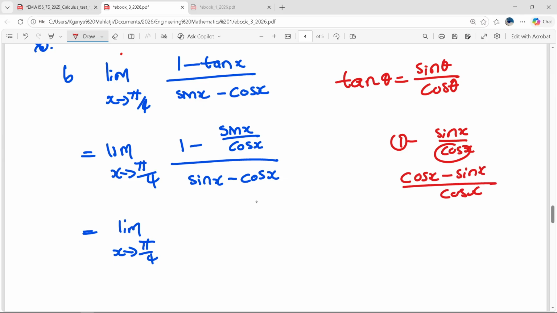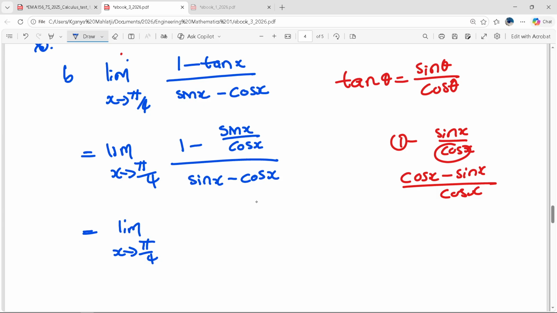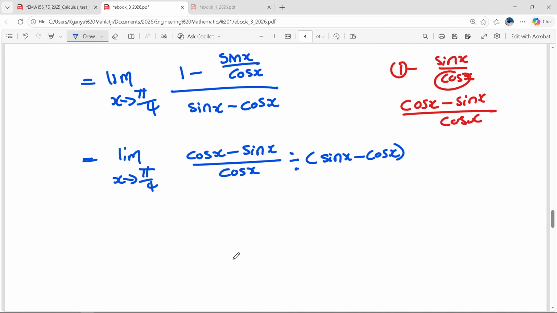That's how you do fractions. Therefore you'll have (cos x − sin x) over cos x, divided by (sin x − cos x), which is simply over 1.